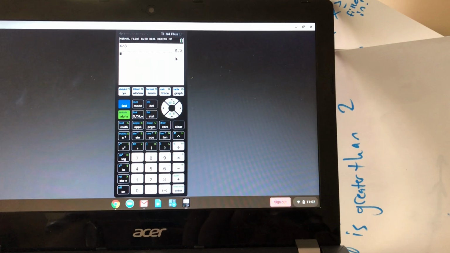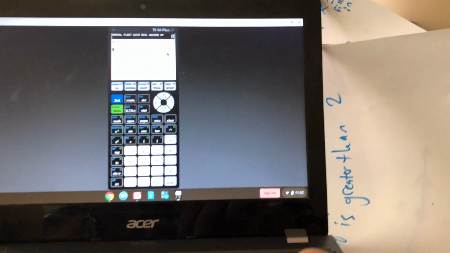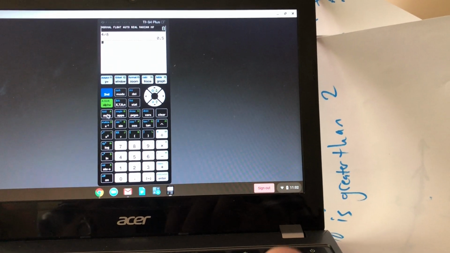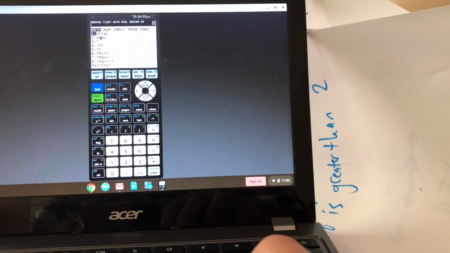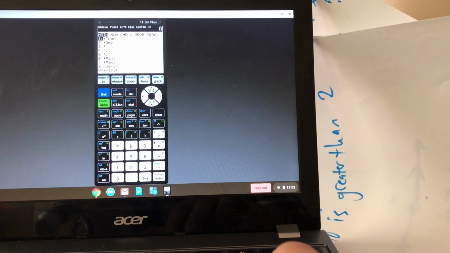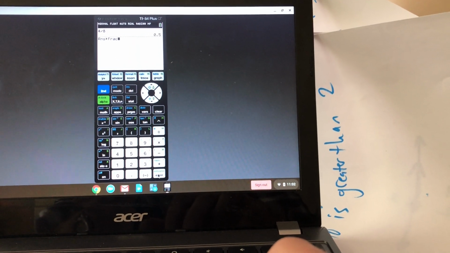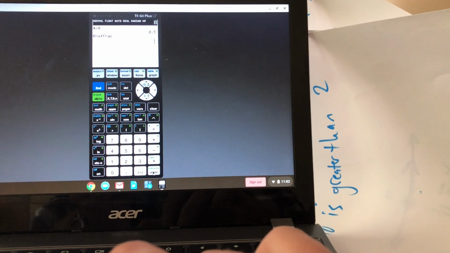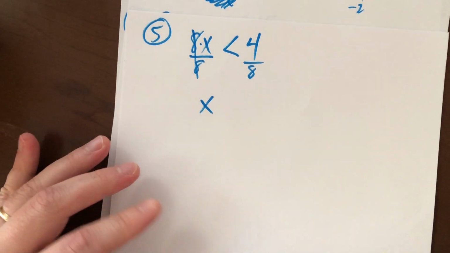You probably know what 0.5 is, but let's say you don't know what decimal that is. If you hit the math button here, this very first option, frac, you hit that, and it says ANS, that means answer. Turn the answer I just got into a fraction, and it'll tell you that it's a half. So you're always welcome to do that.